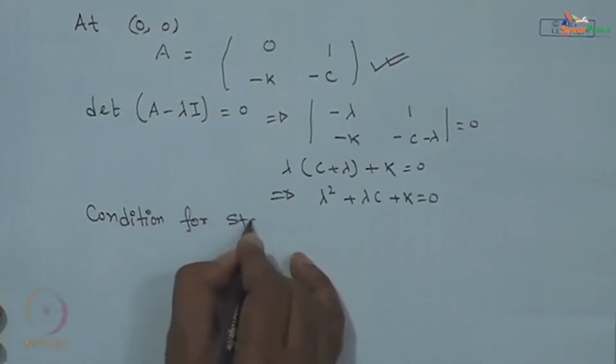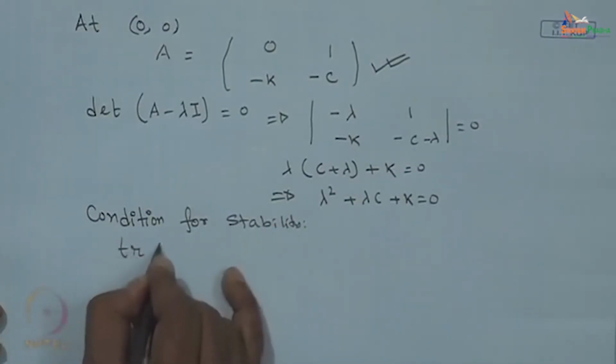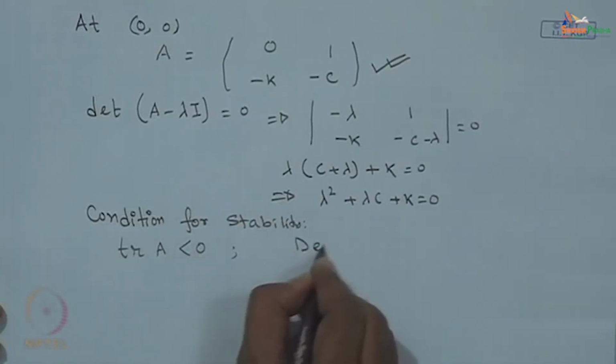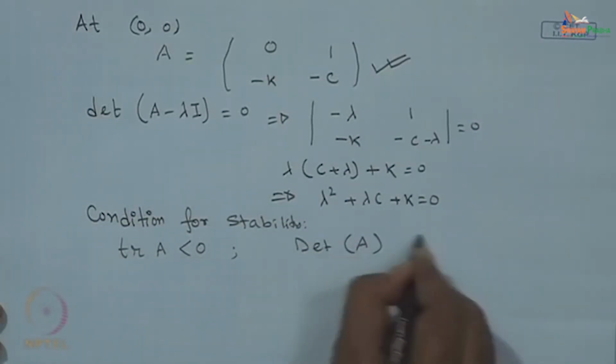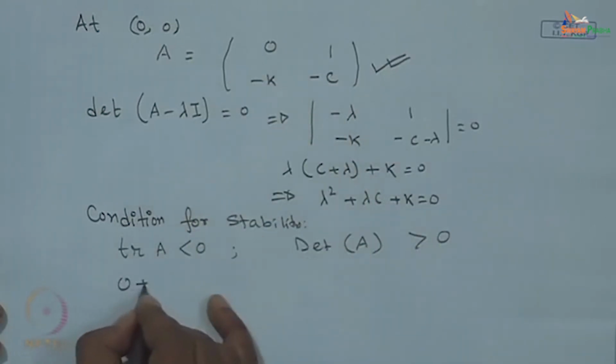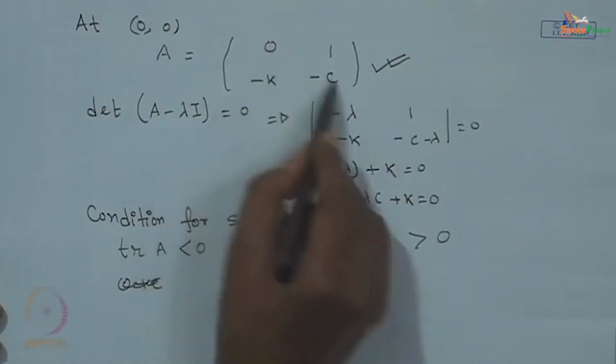If you remember, the condition for stability is that the trace of the matrix A is less than 0 and the determinant of matrix A should be greater than 0. So, what is the trace? It is 0 plus minus c, basically the addition of the diagonal elements.